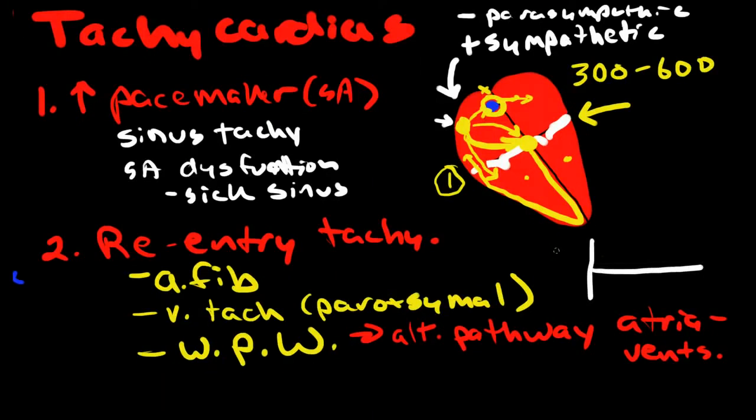We have a P wave, and then we end up with the start of our QRS with a slope, and then it's normal. We have our T wave, and then we have a premature atrial contraction, a sloped Q wave that starts prematurely, and a QRS.